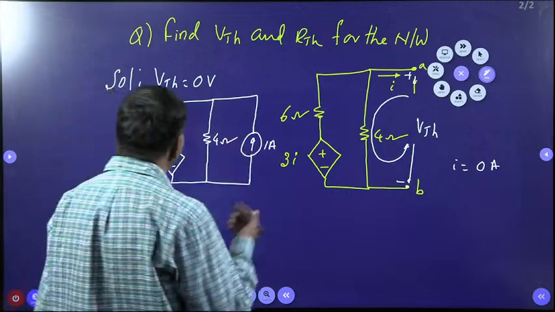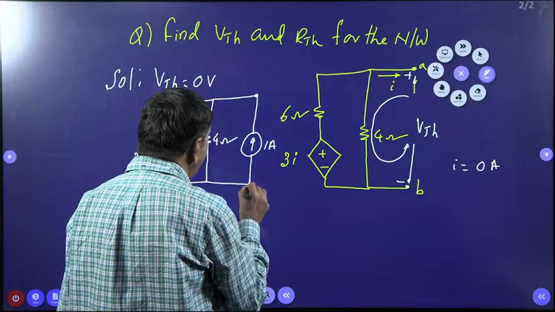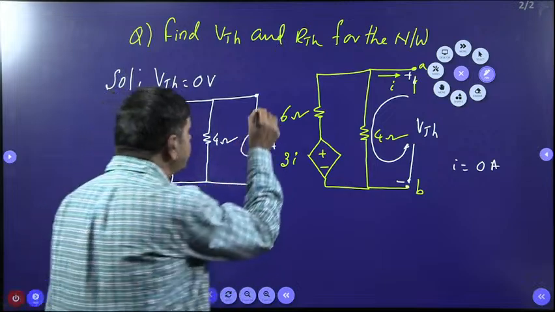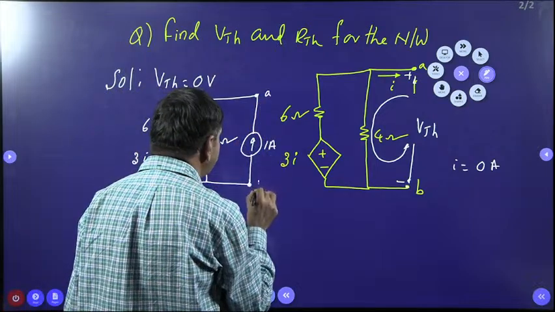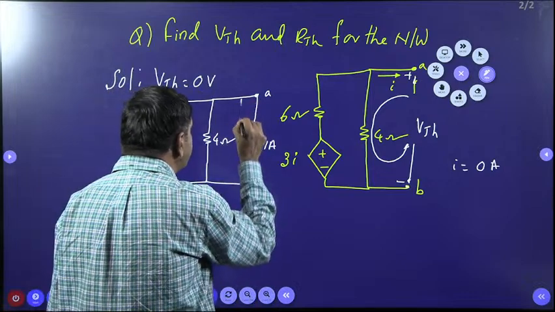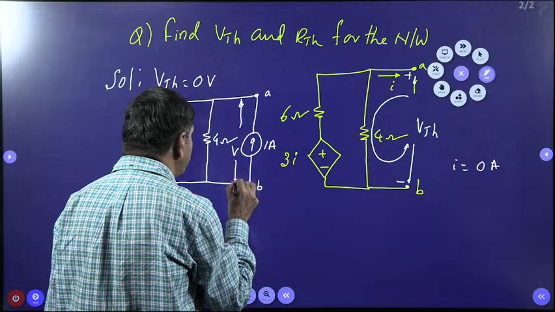But I want to find RTH across these two terminals. Across these two terminals, I want to get the resistance. Voltage across this AB, I wish to take as V. It is better to put V; any name you can put.